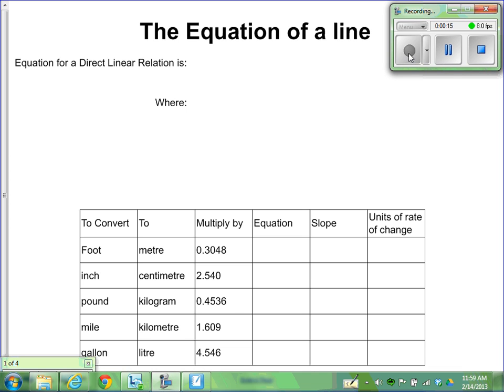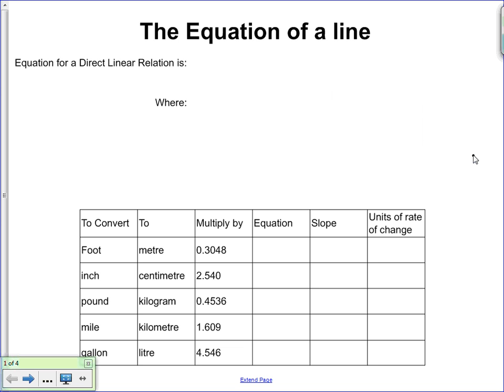So part 1 is going to deal with direct linear relations and the equation to solve direct linear relation questions. There is an equation that we can use to solve direct linear relations, and we do this because sometimes information may not be given accurately.